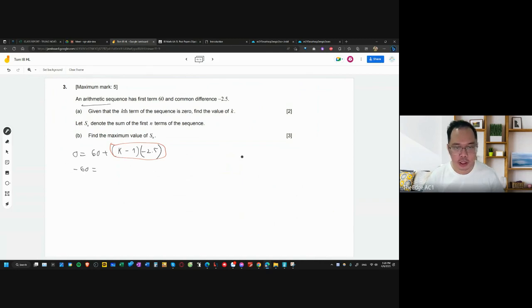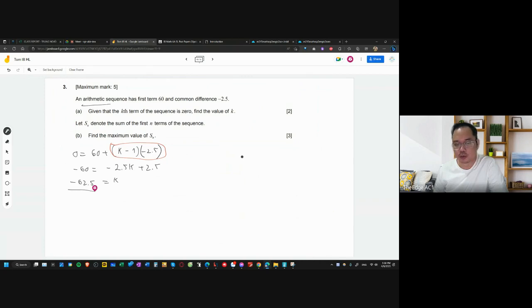So given that the kth term is equal to 0, for k, basic algebra. Okay, then move 2.5 to the left, and then take 62.5, divide by 2.5, you get k, huh? Equal minus 2.5k.